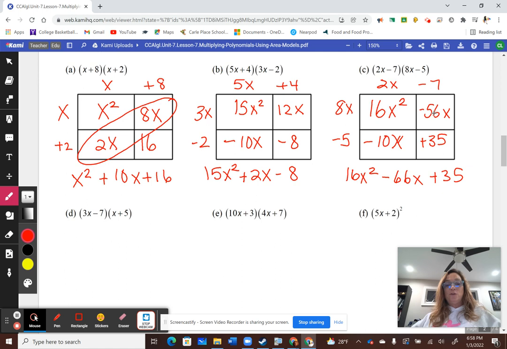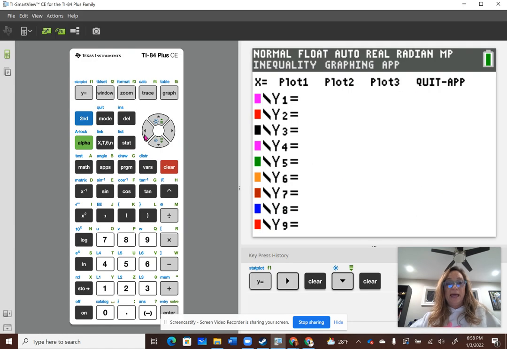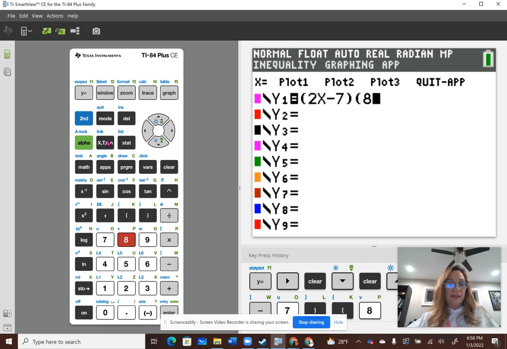So one of the ways that you can check this would be to take your graphing calculator and in your y sub 1, put the question, the factors. So I have the factors of 2x subtract 7 and the other factor of 8x subtract 5. Now, this isn't going to give you the answer, but it is going to tell you if they are equivalent.